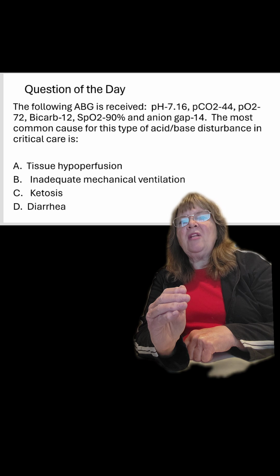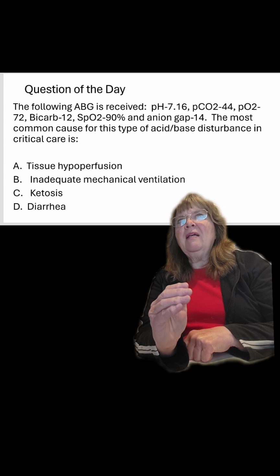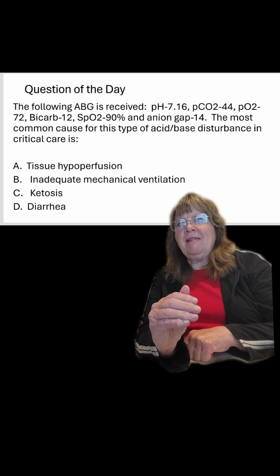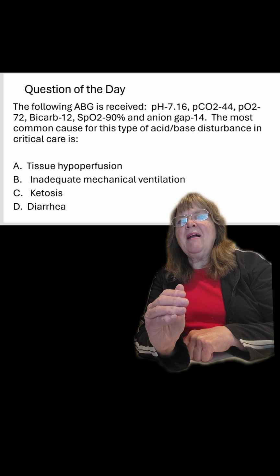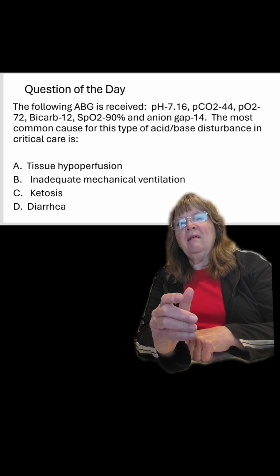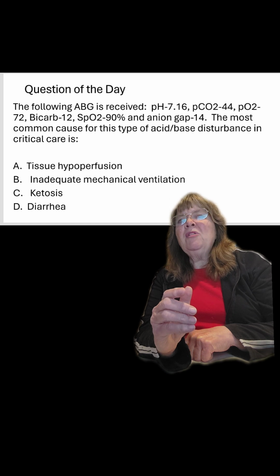So whenever your patient has a metabolic acidosis, ask yourself, is my patient retaining acid or getting rid of base? And you look to the anion gap to give you that answer. If the anion gap is normal, your patient is losing bicarbonate somewhere. And the most common way that critically ill patients lose bicarb is diarrhea.